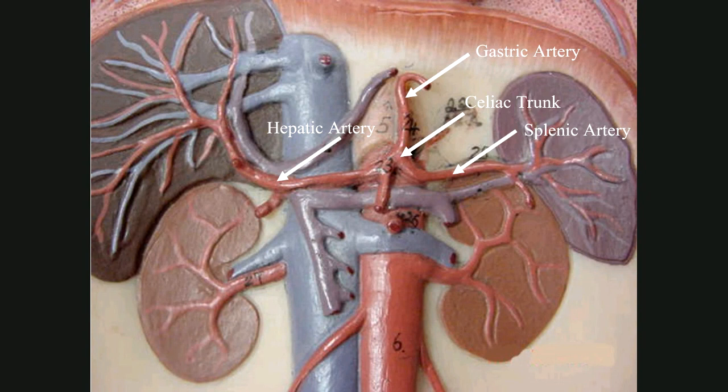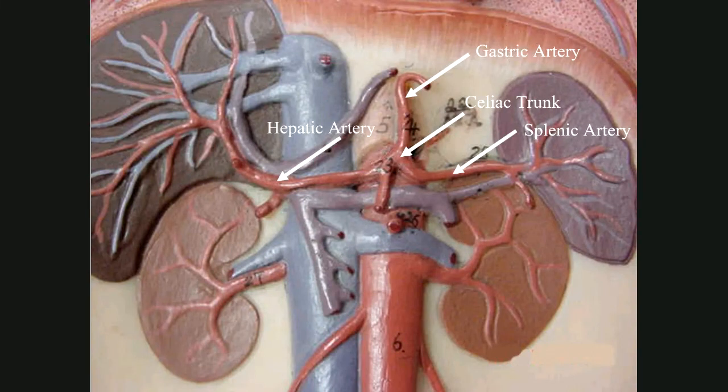So one more time. Trunk, very short, right here. That's the trunk right there. And if you could see it from the side, again, it sticks out just a little bit, and then it branches into 3 different things.